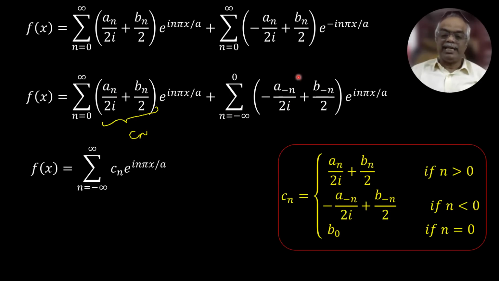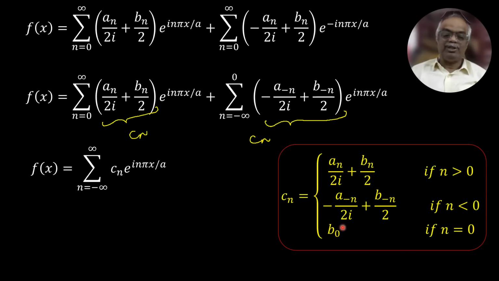When n is a negative integer, c_n is equal to minus a_(minus n) divided by 2i plus b_(minus n) divided by 2. This is when n is less than 0, and it is equal to b_0 when n equals 0.